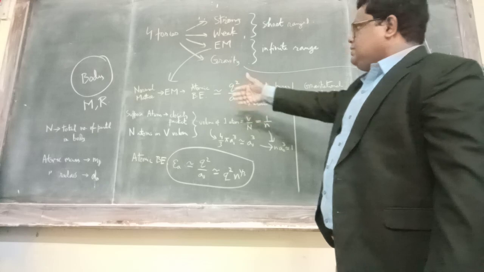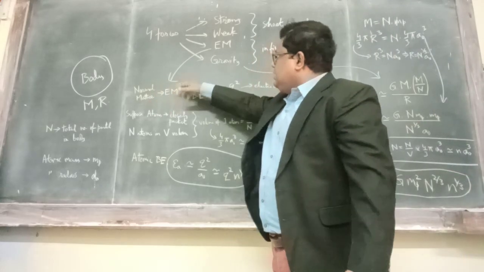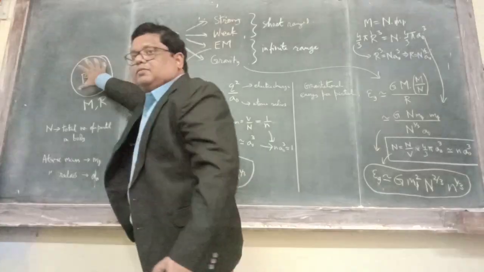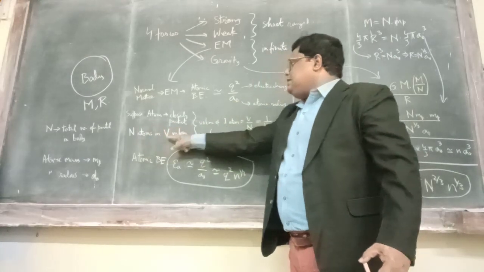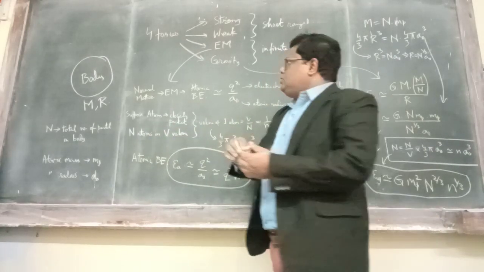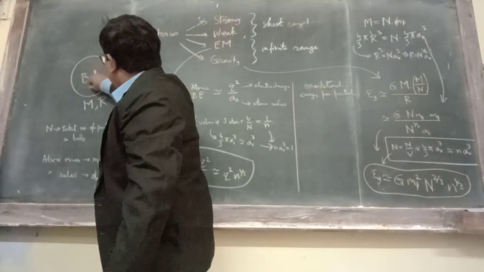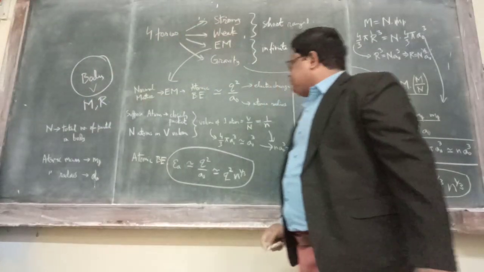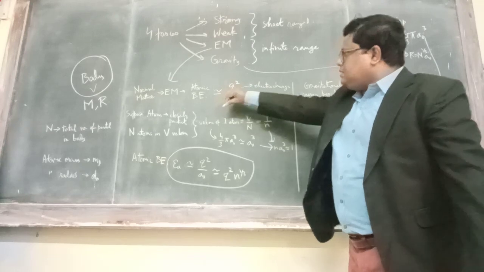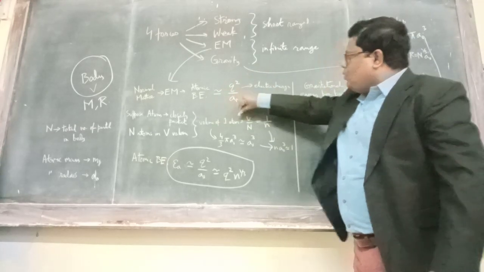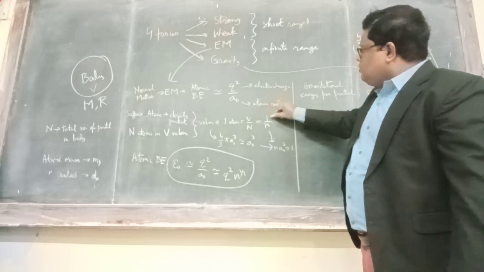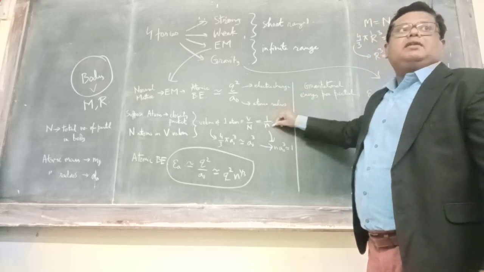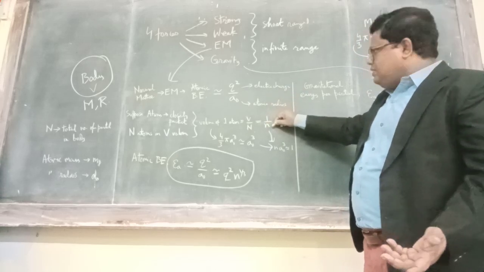Now as I was saying, suppose these atoms are inside this body, closely packed, and there are capital N atoms in this volume V, the body's volume. So I can write the volume of one atom as V by N, which is equal to 1 by n, basically the number density, very simple.